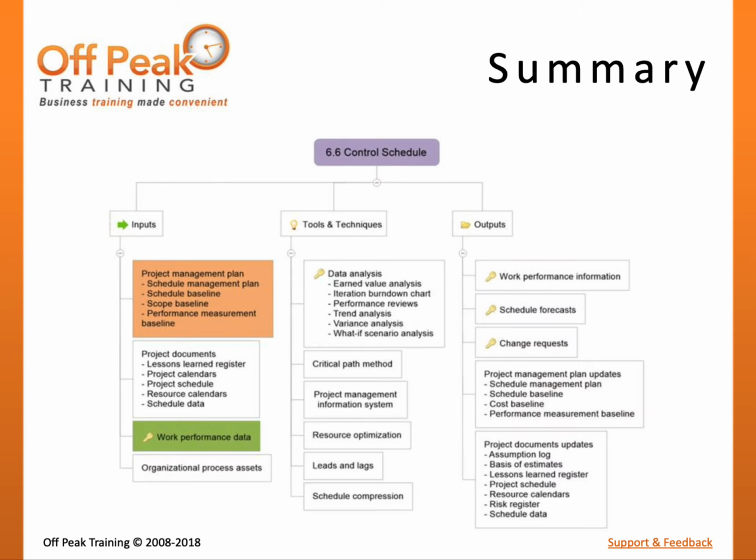Control schedule is the process of proactively comparing actual project execution to the approved plan to document the performance of the project and influence factors that can bring future project performance closer in line with the plan. In this process, the project management team observes the completion of project work as compared to the approved plan to determine performance.